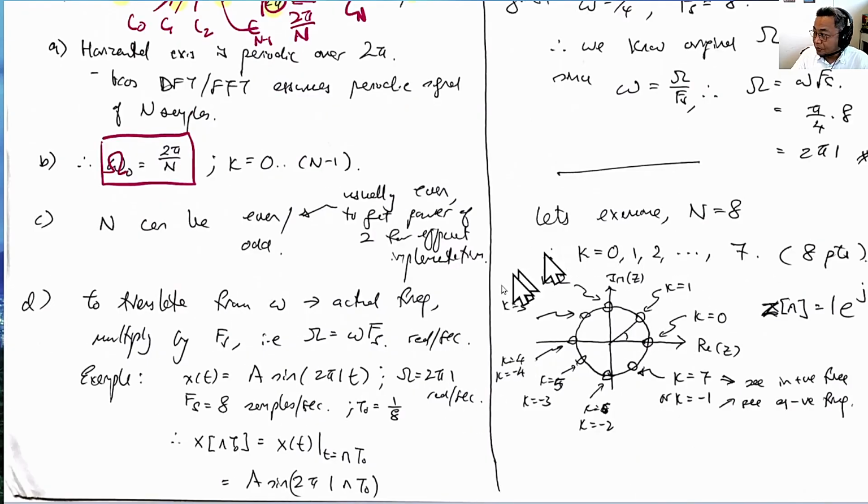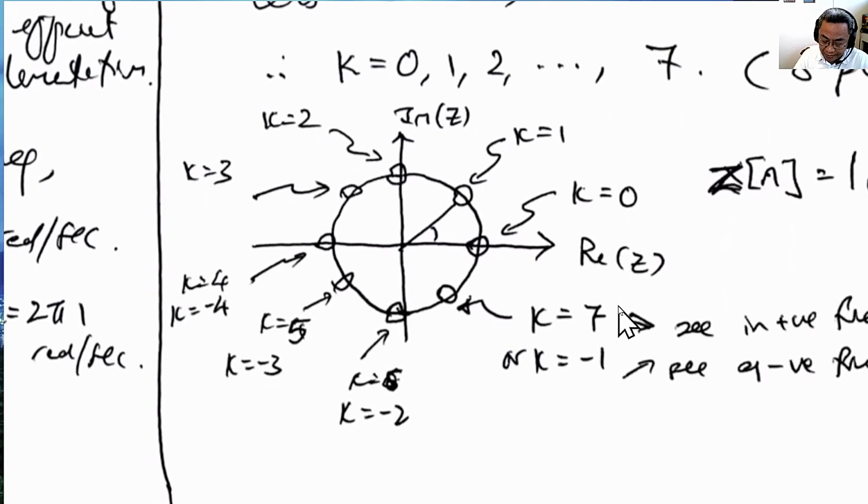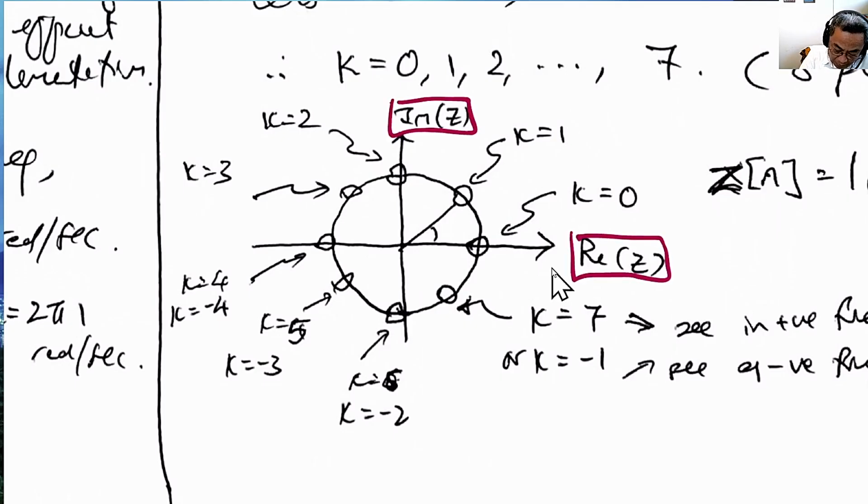You can also use this diagram to visualize the change of the angular frequency. Here, it is the complex plane, and I'm going to sketch for you the unit circle.